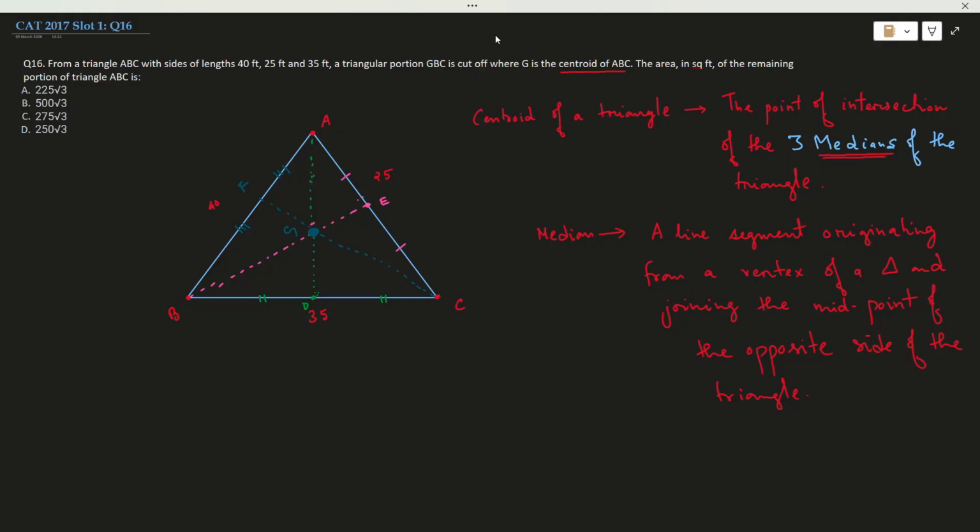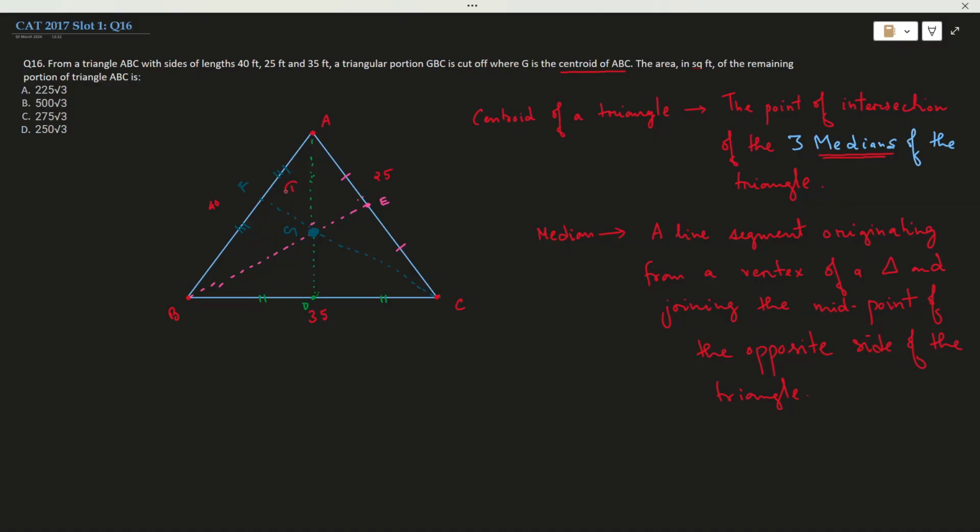Now you need to know the properties of centroid, or the medians. Basically the medians break the triangle into six triangles of equal areas.